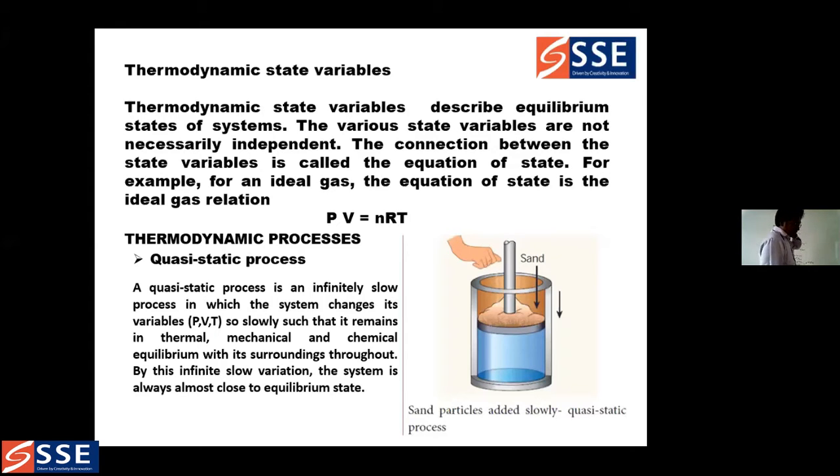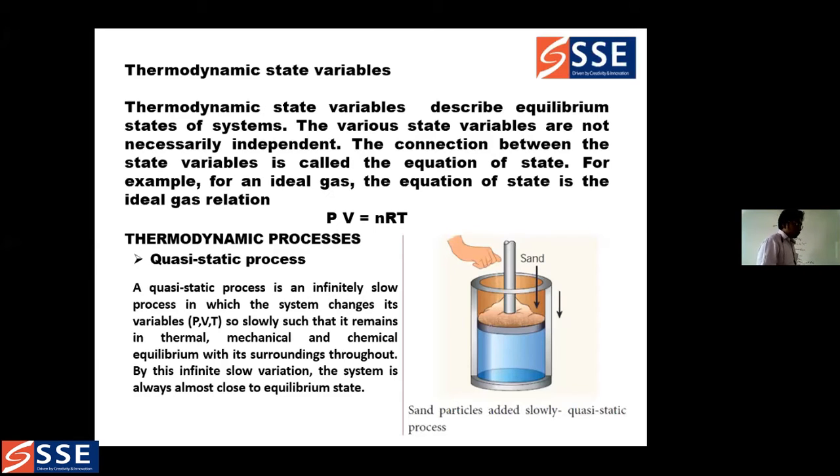A quasi-static process is a very slow process in which the system changes its variables like pressure, volume, temperature slowly, such that it remains in thermal, mechanical and chemical equilibrium, right? So it should be in equilibrium with the surrounding.